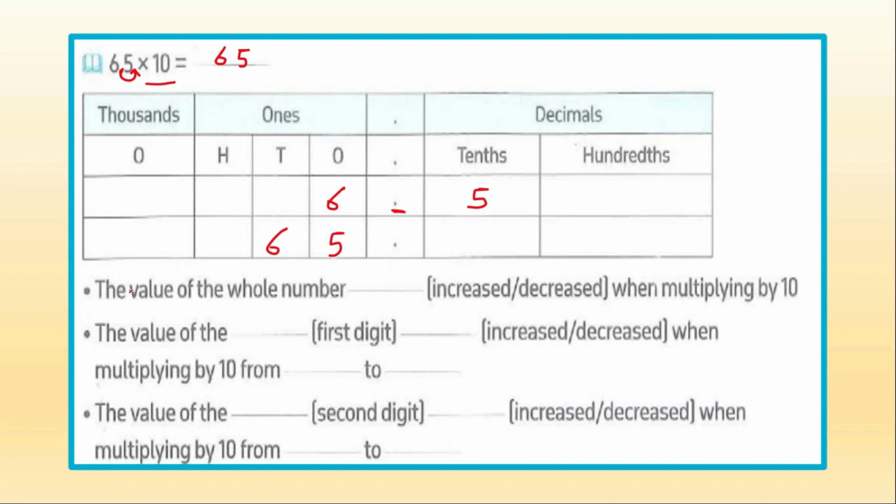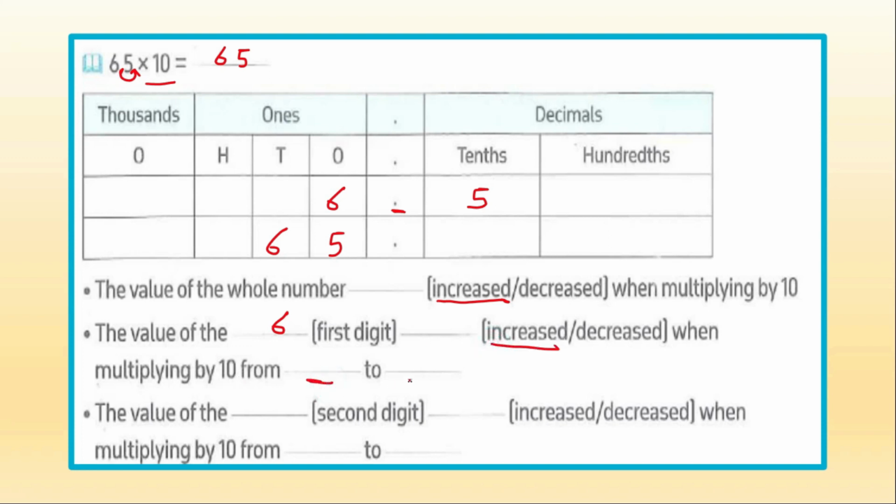Okay, read the questions. The value of the whole number increased or decreased when multiplying by 10. اتفقنا increased. Multiplying by 10 or any number increased. The value of the first digit is 6. Okay, increased or decreased when multiplying by 10. برضو increased.